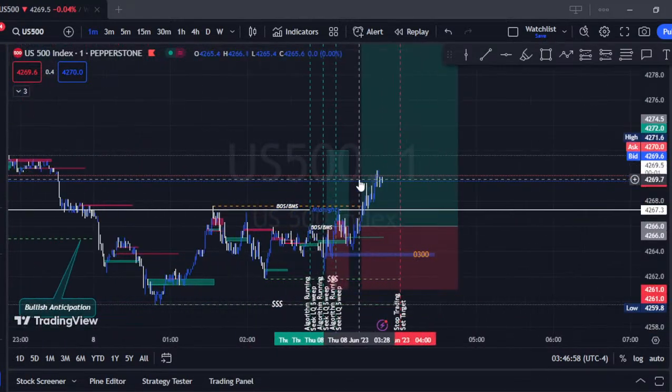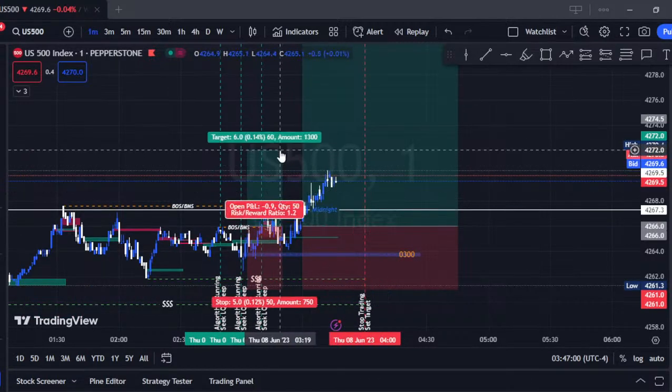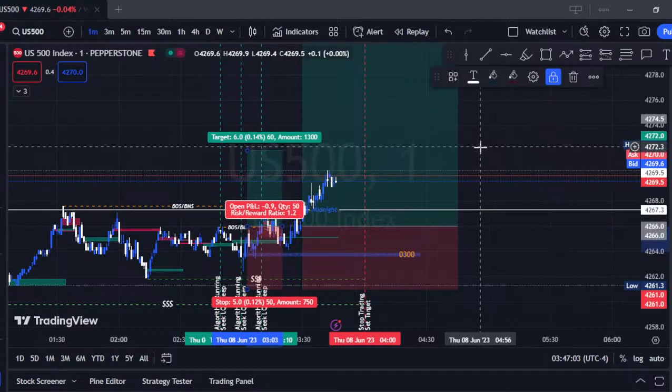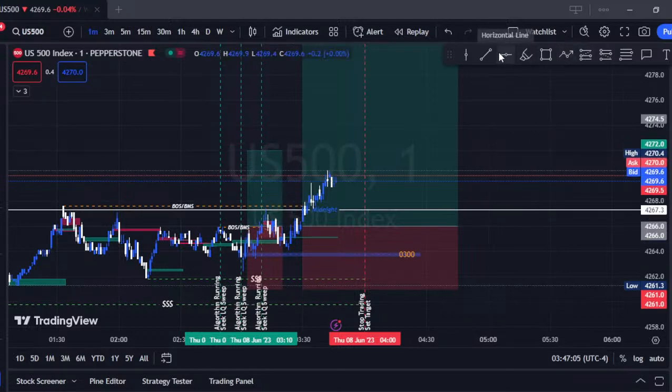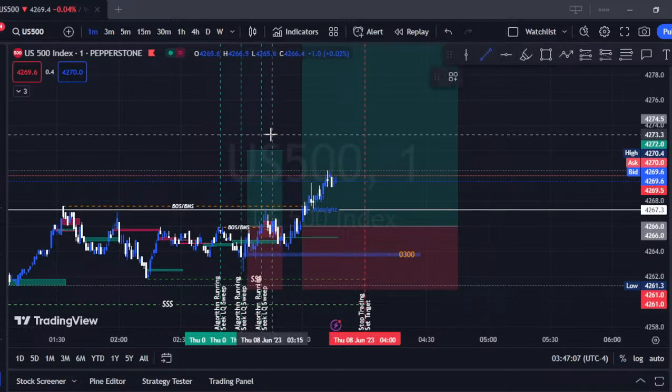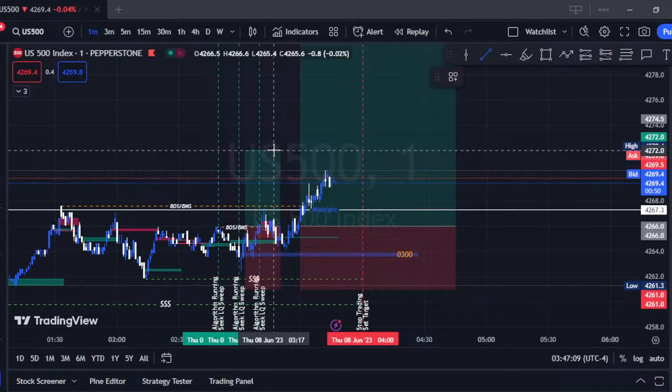No, maybe discipline, motherfucker. Yep. So when this hits TP, I will set my break even here, because the price is kind of slow, not moving that aggressively.